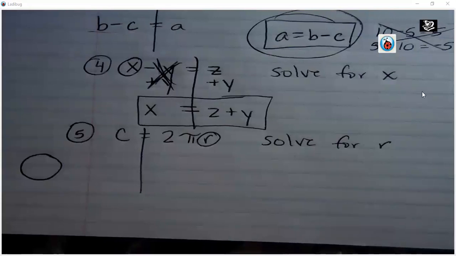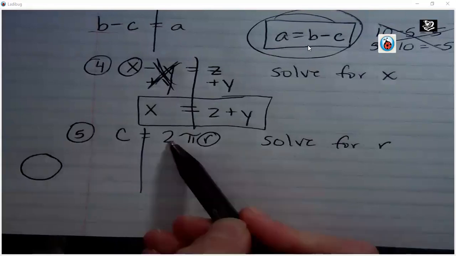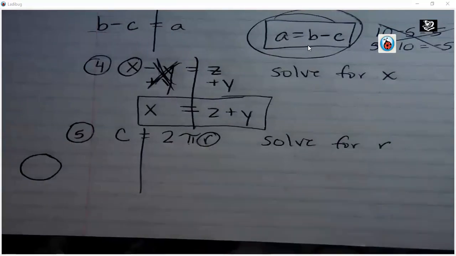Eric, you can type this in chat. What are the 2 and the pi and the R doing to each other right now? Are they adding, subtracting, multiplying, or dividing right now?